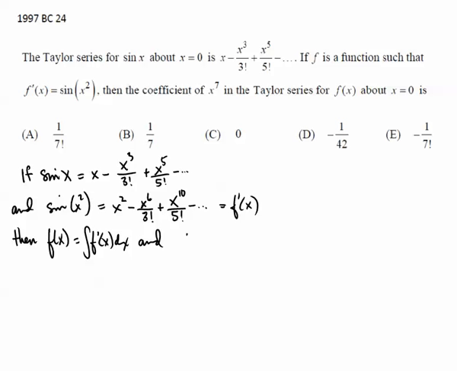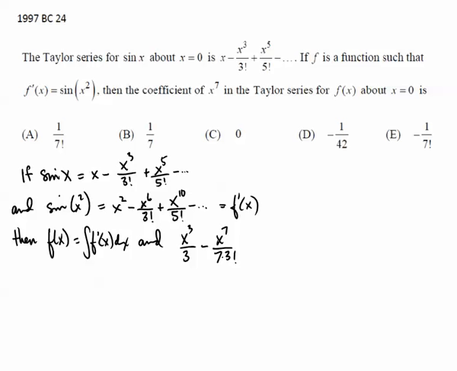So we're going to get x to the third over 3, and then we have minus x to the 7th over 7 times 3 factorial. And all we're looking for is the coefficient of the x to the 7th term.